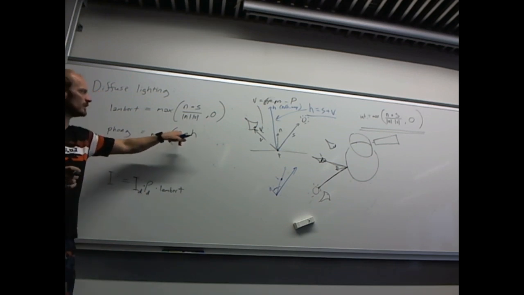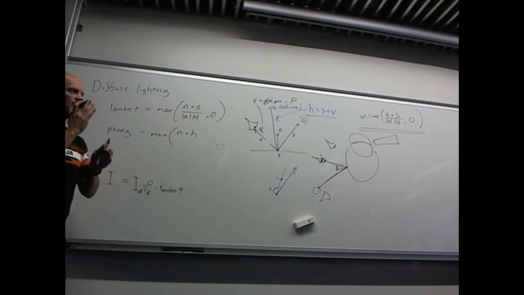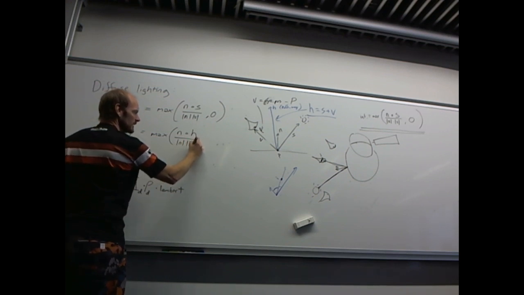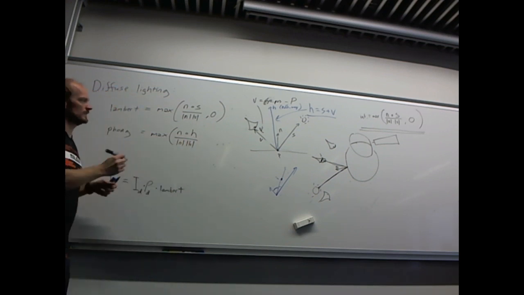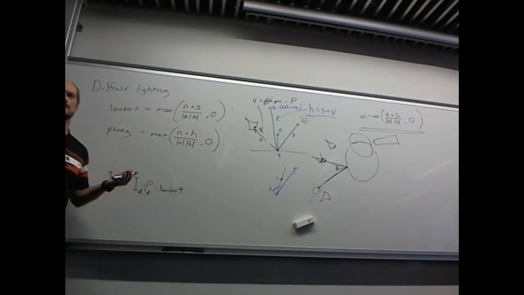So I'm taking the angle between the normal and the halfway vector, the normal and the perfect normal, so to speak. And if they line up, I'll get a 1. I have to divide by their lengths for this to be completely correct. But again, we can experiment with that in our shaders and see what the trade-off is if we skip the normalizations in some places.